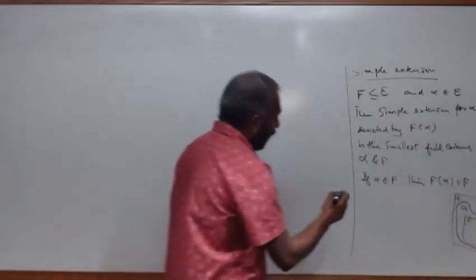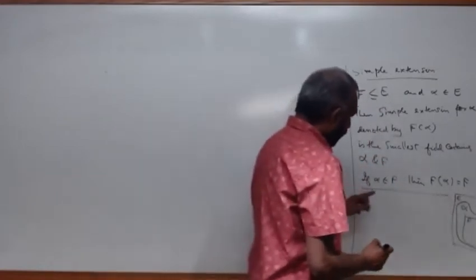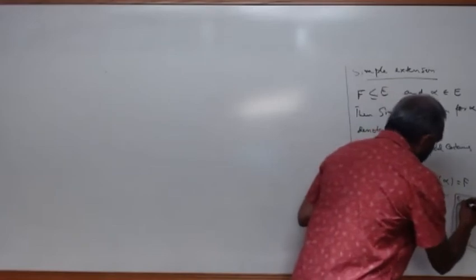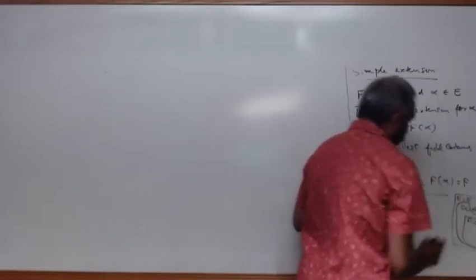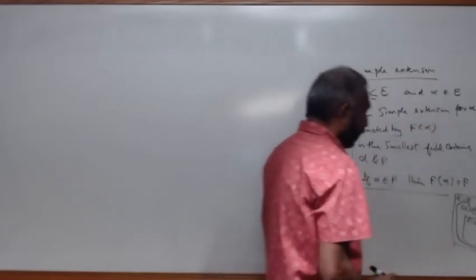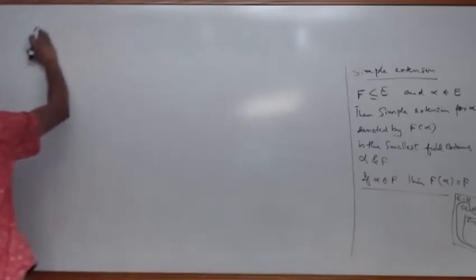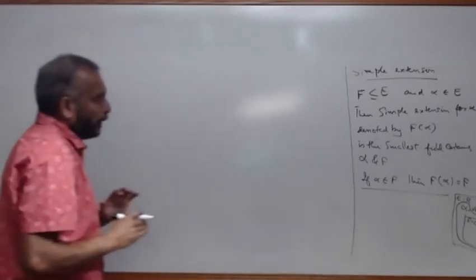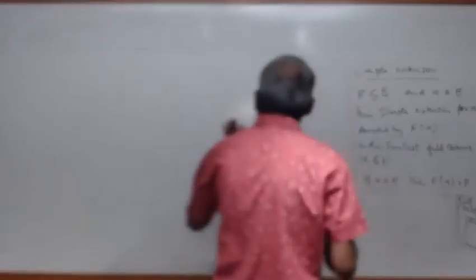And we already have an example, like E is equal to R and F is equal to Q and alpha is equal to root 2, where here alpha, the root 2, is algebraic over Q. We are going to do some more examples, basically not on infinite fields but on finite fields.